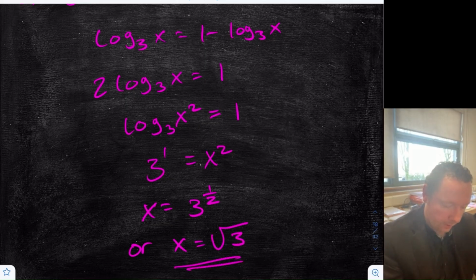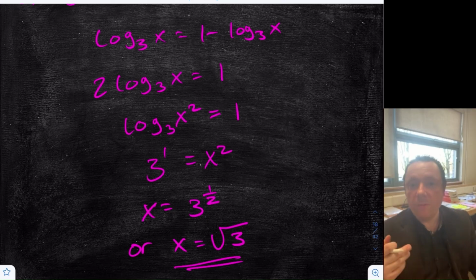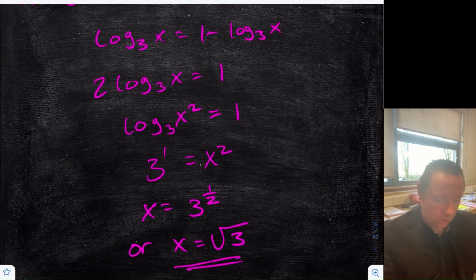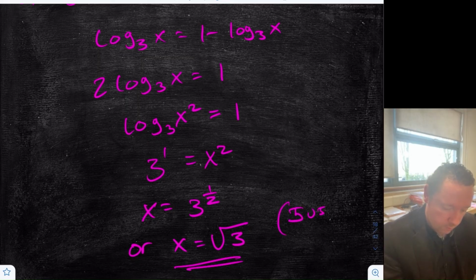And we're done there. Notice it'll only be the positive part of this instead of the negative part, because if x was negative, then you'd have log of a negative number, which doesn't exist, so it's just a positive. I can take a note of that. Just positive value, as x has to be greater than 0.